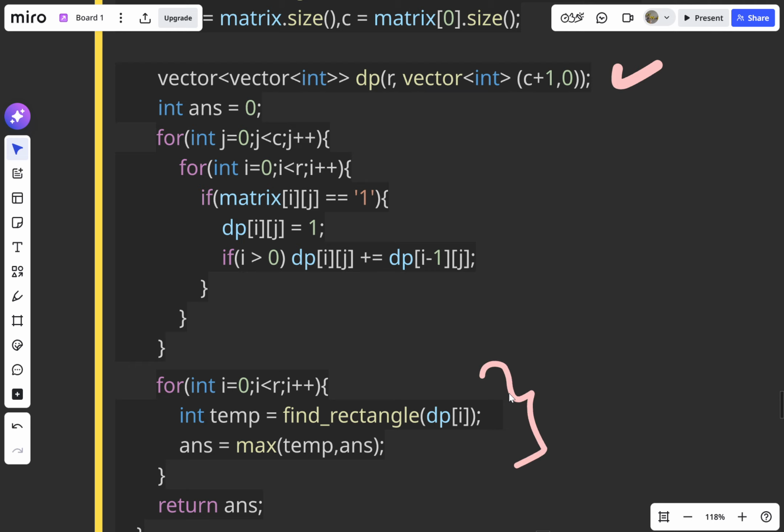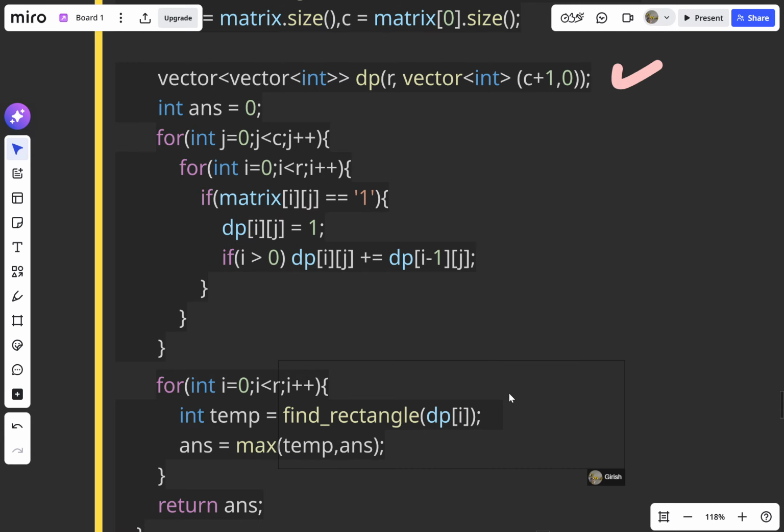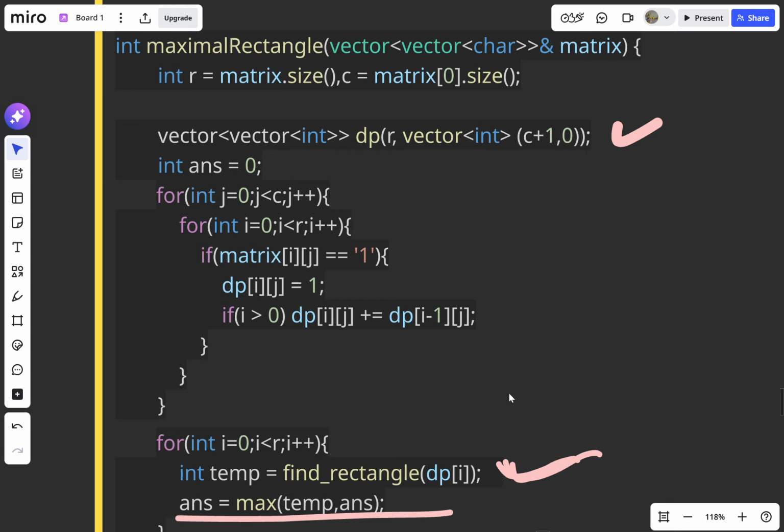After applying the prefix, we have made the find rectangle function, and we pass dp of i, the prefix of that particular row. For every row we apply this find rectangle function, and when we get the answer we store it as the max of temp and answer. Temp means the maximum rectangle we get from that particular row.